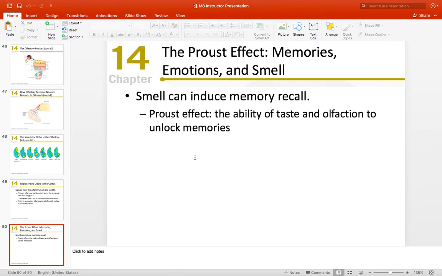And just to finally point something out, the Proust effect. The sense of smell, the olfactory system, has a very strong connection to the amygdala, and the amygdala also has a strong connection to the hippocampus, which is part of the brain that is involved with memories and such. The Proust effect is simply the ability of taste and olfaction to unlock memories. I don't know if you've had that experience.